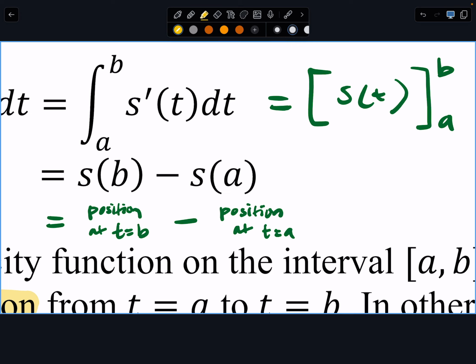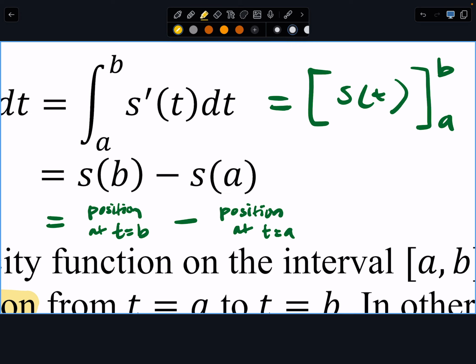Let's say that t I'm measuring in seconds, and let's say that velocity is being measured in meters per second. The output values of the velocity function would be in meters per second. So delta t would be in seconds, and then times velocity evaluated at some value on each of the subintervals, which would be in meters per second.